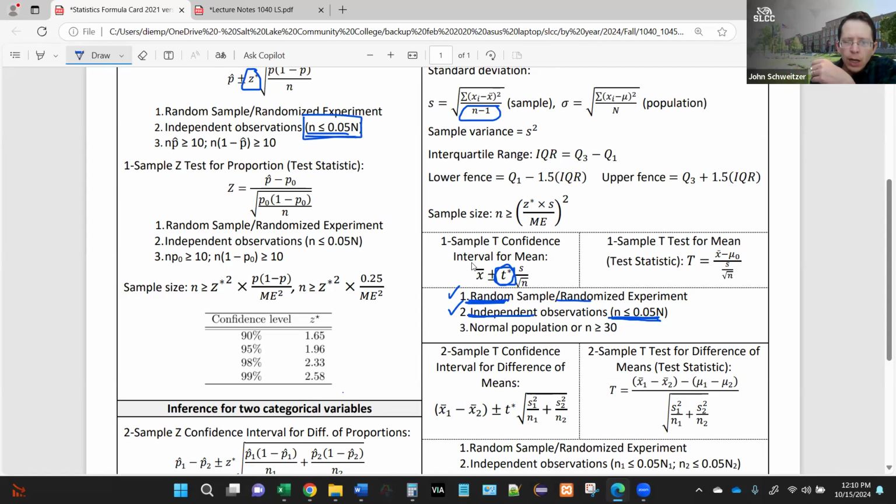What is new? Well, this third part is making sure that the sample is large enough. That makes intuitive sense. If you have a sample of 2 people, it's not really going to give you a great estimate, right? So there's a rule of thumb for the central limit theorem to work, and that is either the population is already normal or the sample size is greater than or equal to 30.